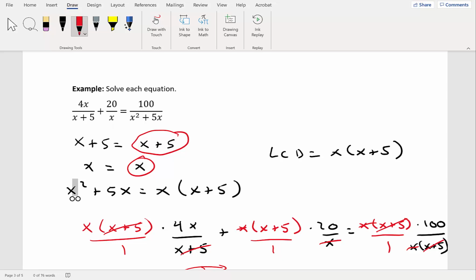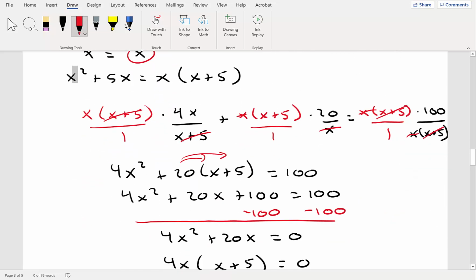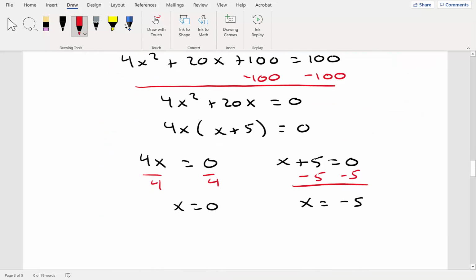Well, if x equals negative 5, let's take a look at this fraction. Negative 5 plus 5 gives me 0. So it makes the denominator 0 in that first fraction, which would make it undefined. So both of the solutions that we ended up with make the denominators 0. Makes the original equation undefined. So we have to cancel out both of them, which leaves us with no solution.